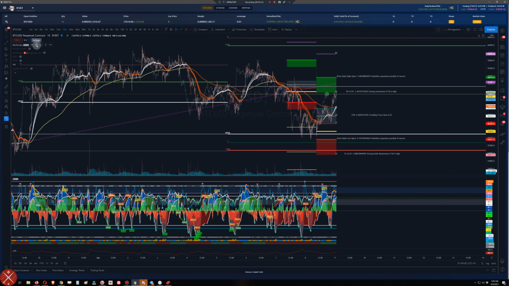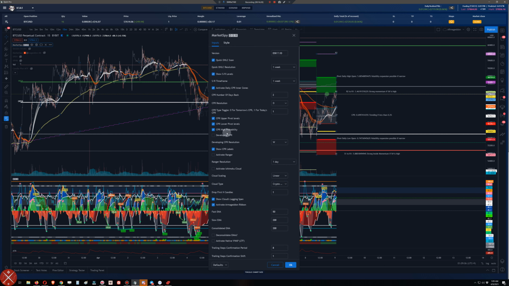If you want to use a bigger time frame and you want to find an absolute bottom, you can go to your MarketSpy DSR. And while we have the CPR that acts as a daily range support and reversal pivot system, we also have our classic show SR levels. And when you toggle these, you can see the green line.